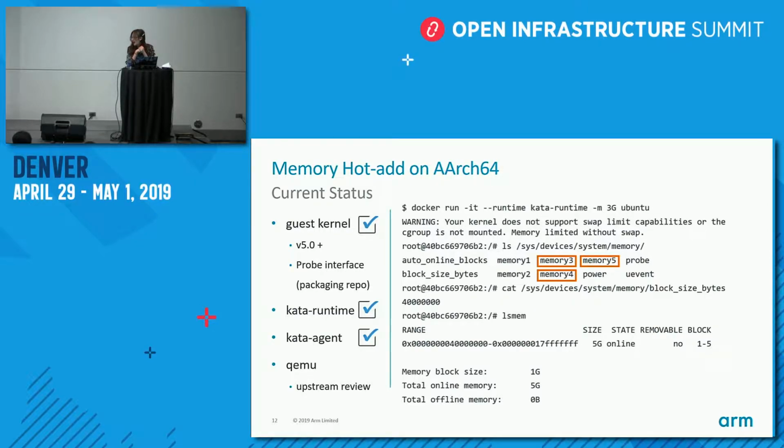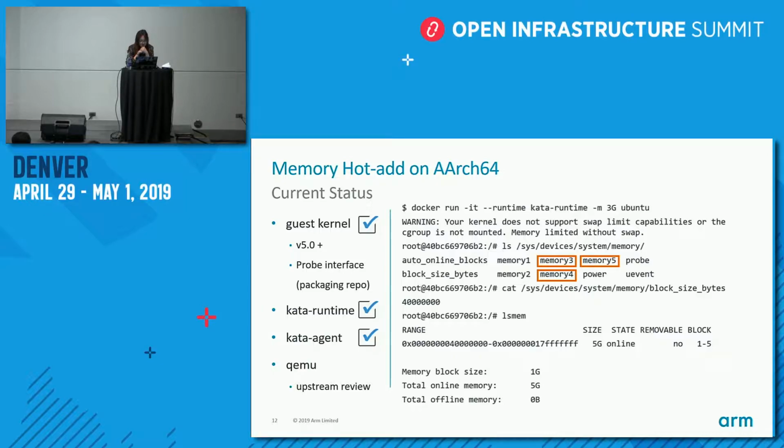Our kernel team proposed the memory hot add patch series in December last year, and it got merged in version 5.0. But this patch series is based on ACPI, so we need to add an extra probe interface on the Kata side.